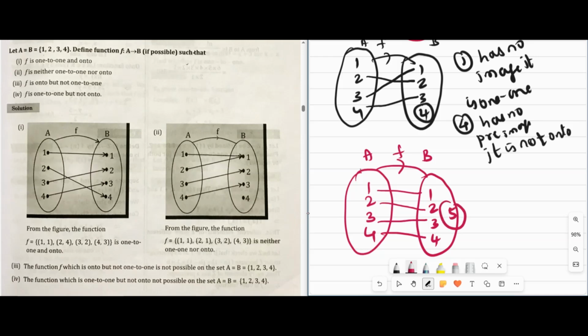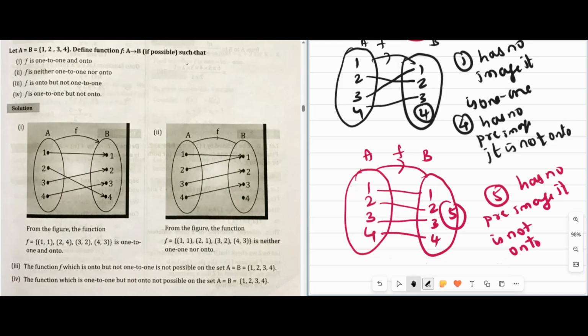So 5 has no pre-image, so it is not onto. Then f is one-one but not onto. And f is onto but not one-one.